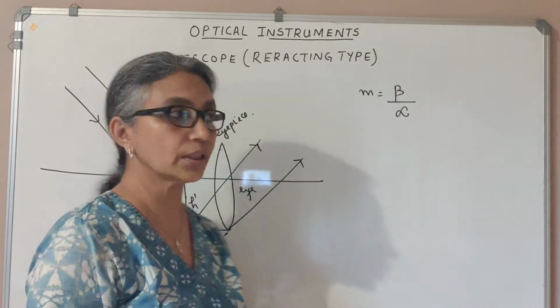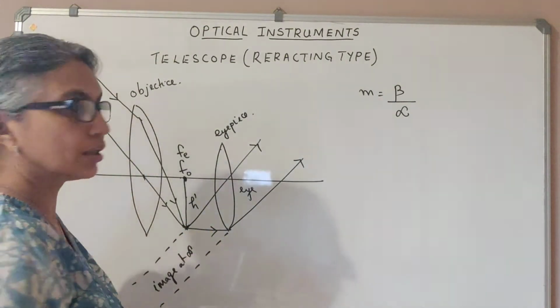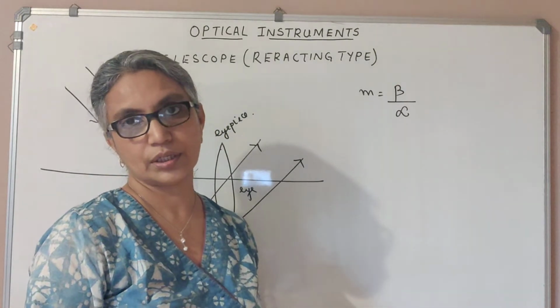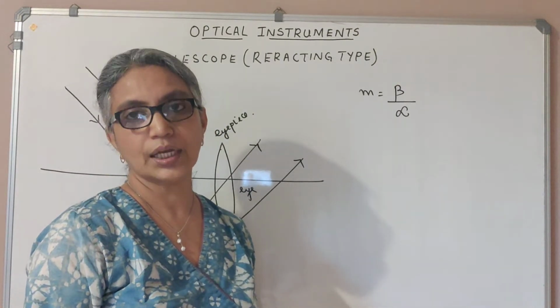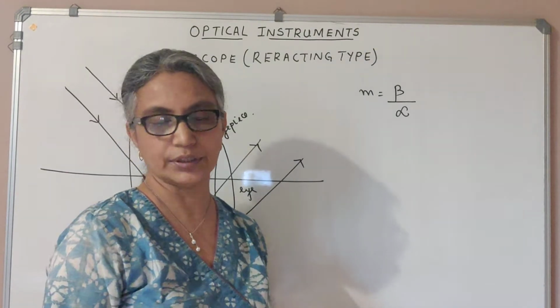So here you see both the object and the image are at infinity. So we define beta as the angle subtended by the image when formed at infinity, and alpha as the angle subtended by the object when it is at infinity.